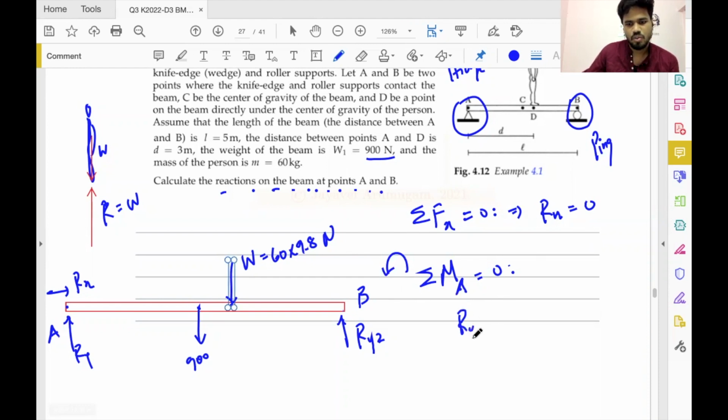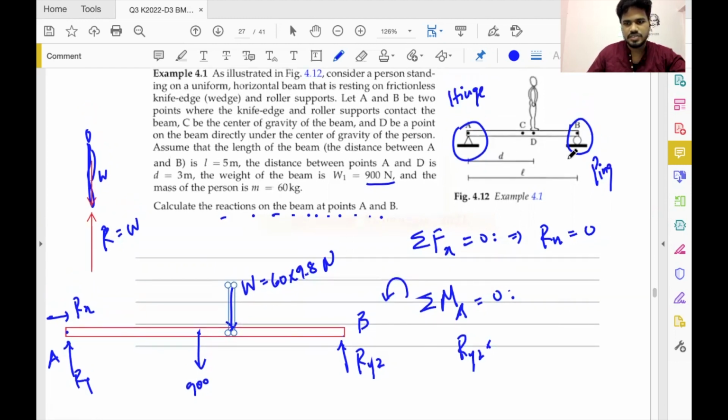So Ry2 times its moment arm, the entire distance L is 5 meters, minus moments due to this 900 into 5 by 2. The moment arm of the weight is at the center. When the person is standing at a distance of 3 meters, so minus 60 into 9.8 into 3. Yeah, one is at 2.5, one is at 3.